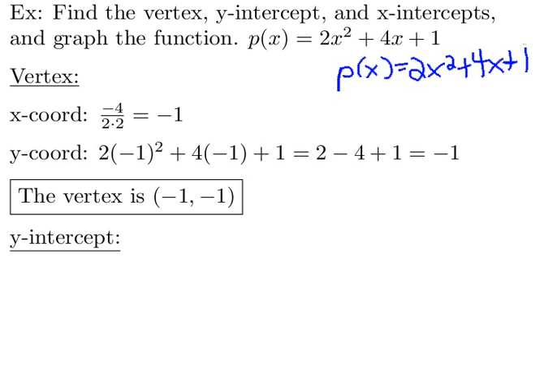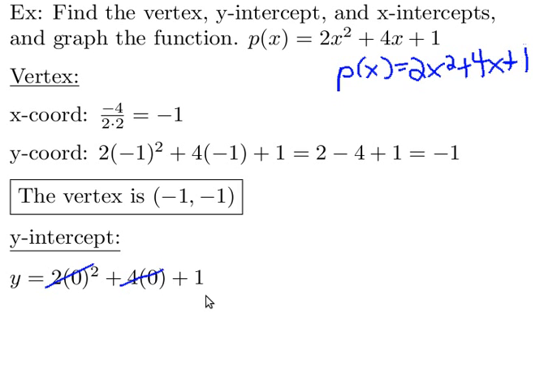Okay, so our y-intercept is going to be, we're going to replace x with 0 and solve for y. So we have that y equals 2 times 0 squared plus 4 times 0 plus 1. Just put 0 in for x, and this is going to disappear, and this is going to disappear.